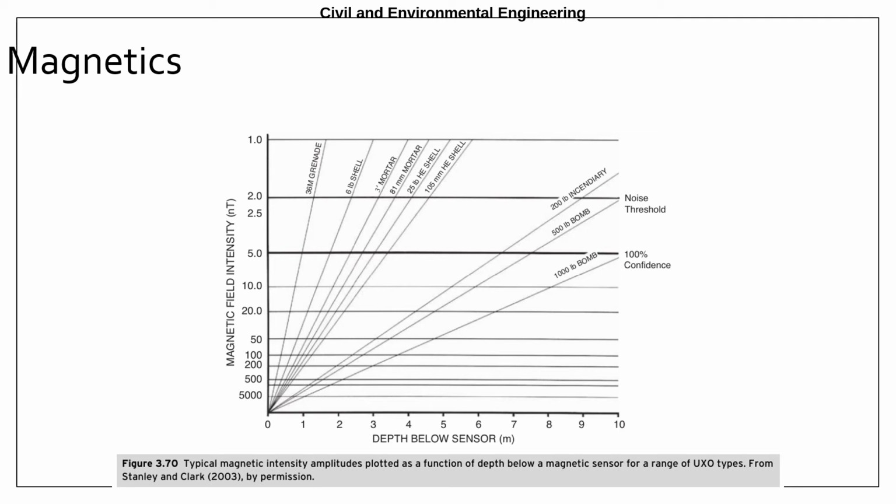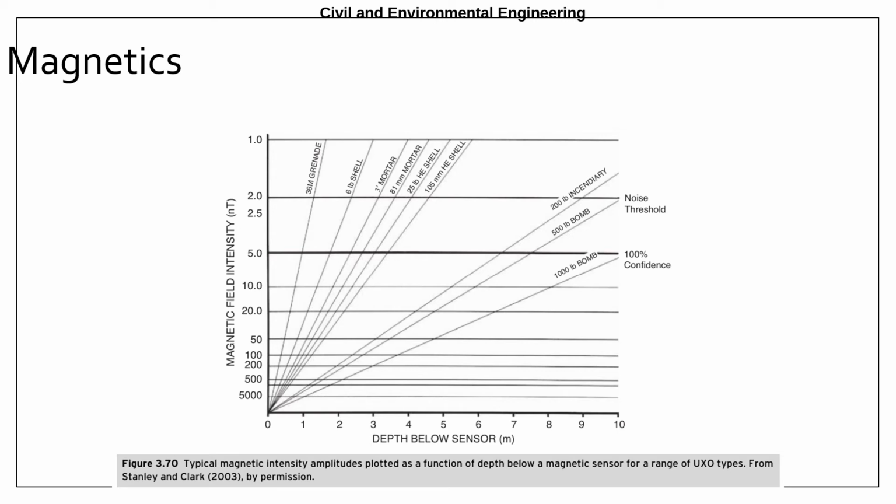So you know that the bomb could be anywhere between 0 to 6 meters deep. Okay, so we just trace this line, and then we trace this 6 meters deep, and then project it to the y-axis.